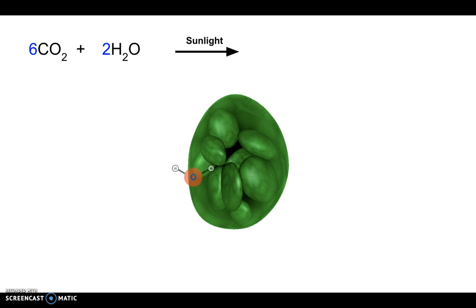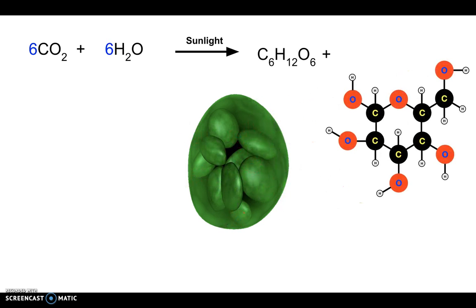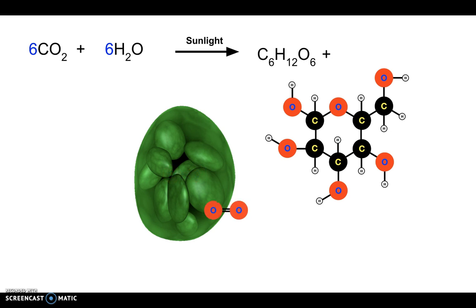They're called the reactants because they react with each other to make the products. The products of photosynthesis are 1 molecule of glucose and 6 molecules of oxygen. They're the products because they are made out of the reactants.